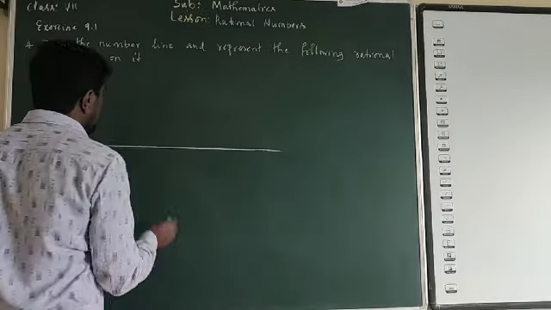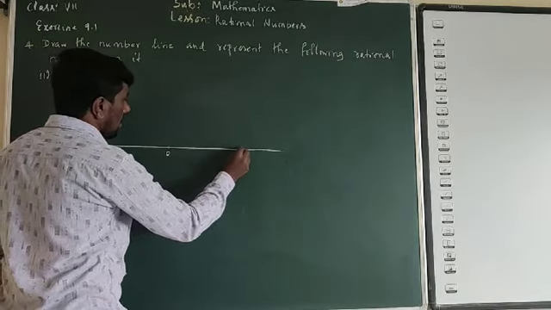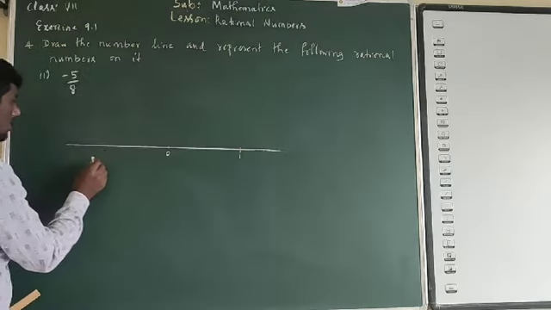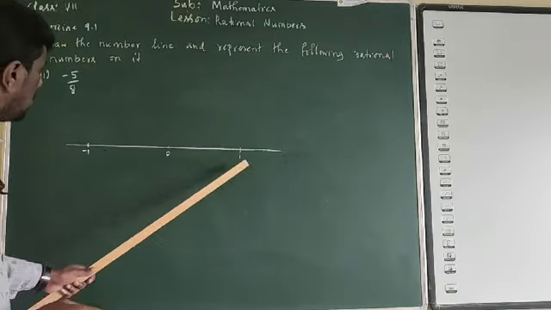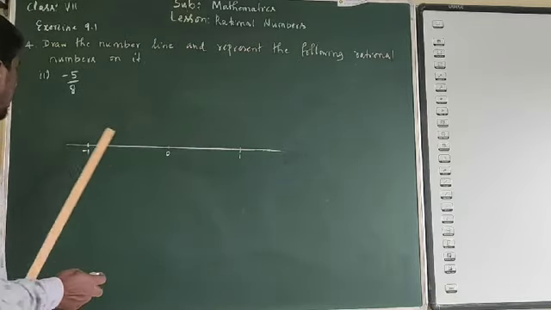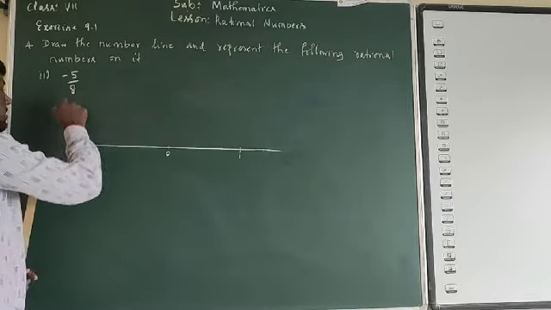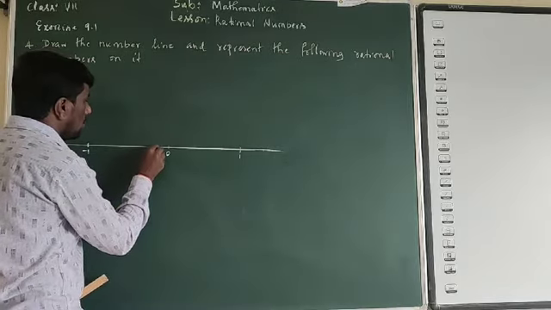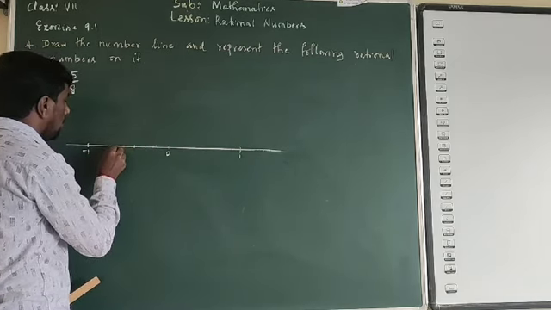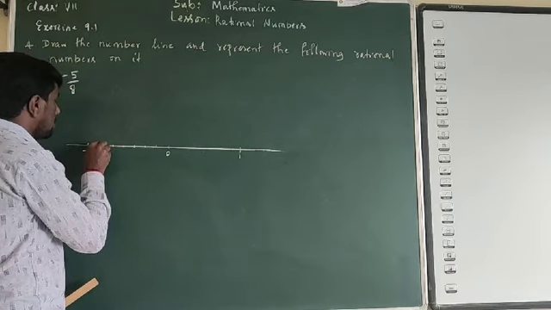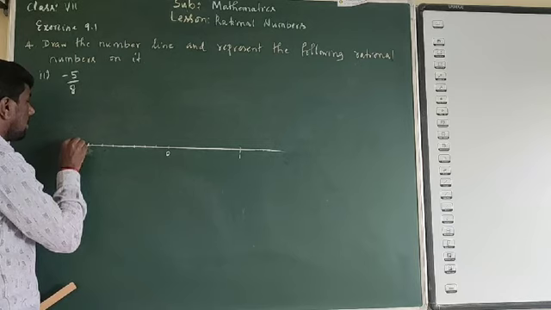Okay. So this is 0. This is 1, and this is -1. Correct? So this interval I should divide into 8 equal parts because the denominator is 8. So 1, 2, 3, 4, 5, 6, 7, 8.